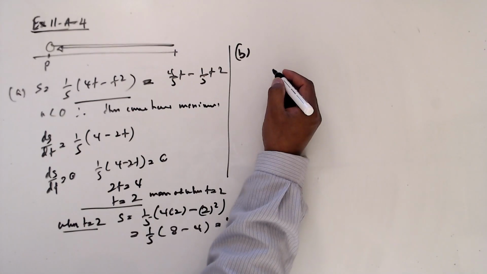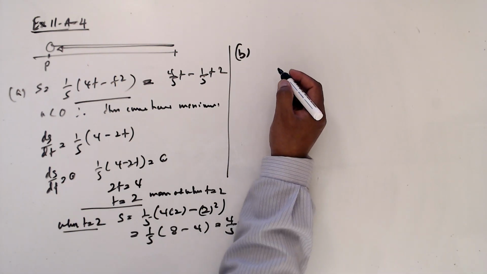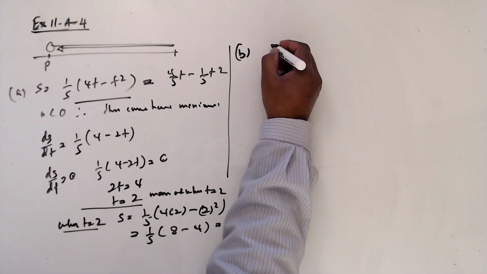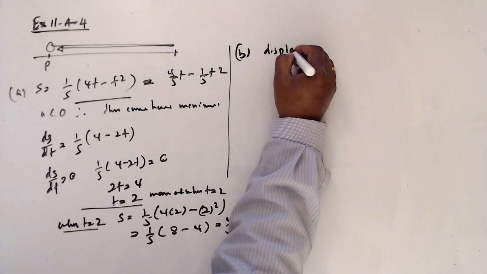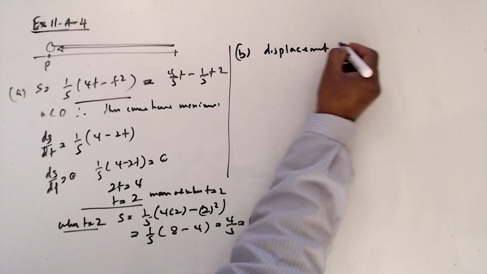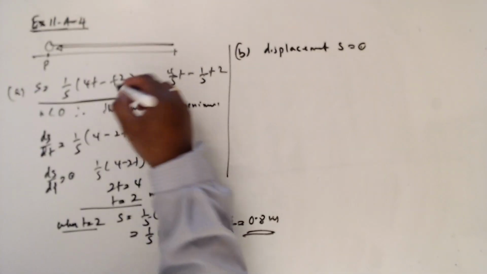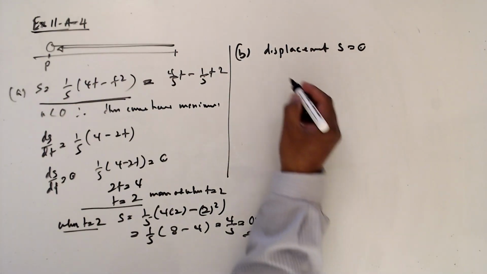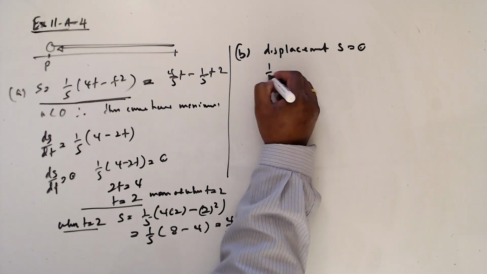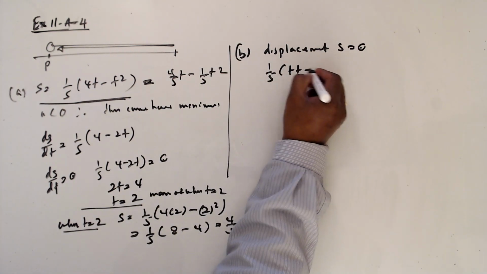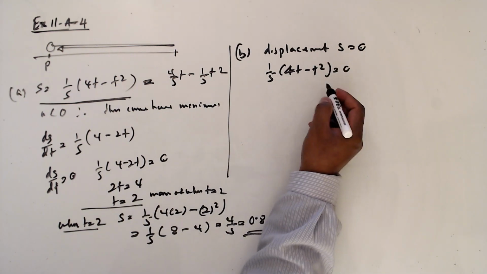Part B is the time taken for the toy car to return to P. When it returns, the displacement equals 0, so we find the time when s equals 0. So 1 over 5 (4t minus t square) equals 0.